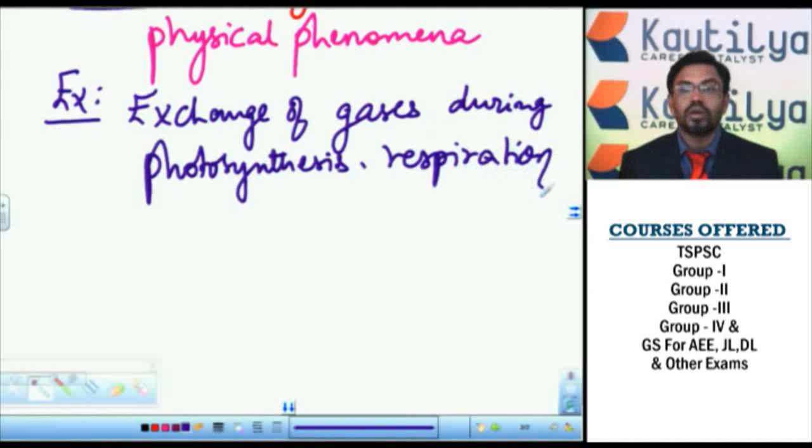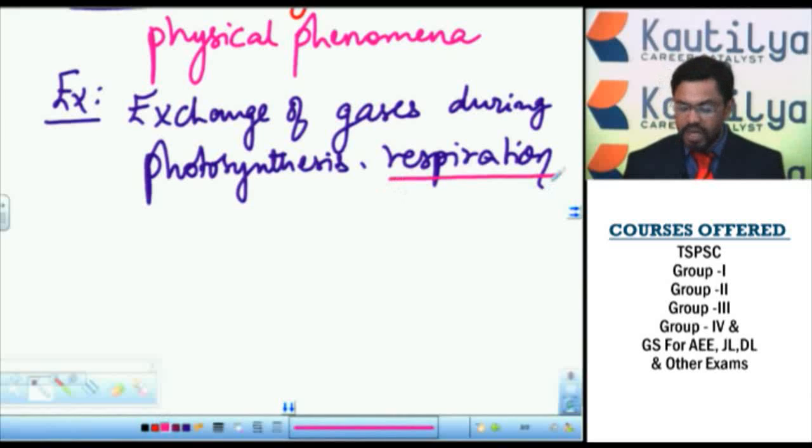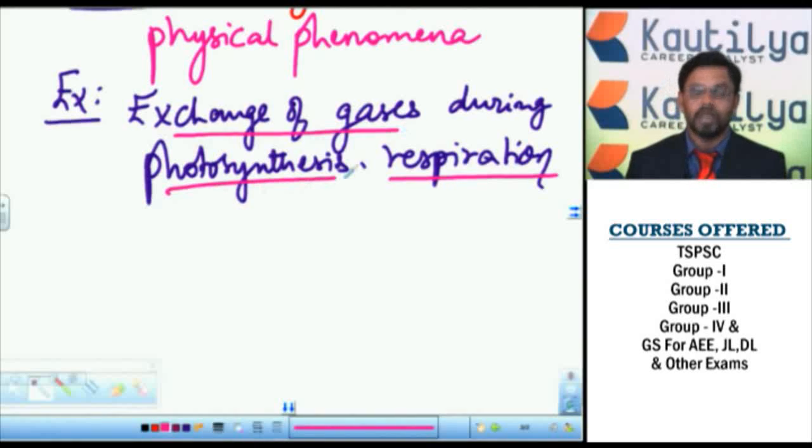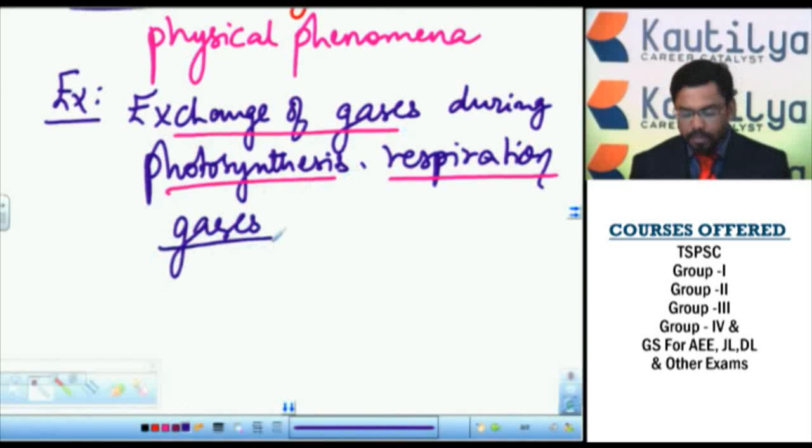During photosynthesis, the carbon dioxide concentration is more in the atmosphere, so the carbon dioxide enters into the leaves through the stomatal opening, whereas during respiration, the carbon dioxide concentration is more inside the cell, so the carbon dioxide exhales out. So the exchange of gases during photosynthesis and respiration in plants is an example of diffusion. The diffusion process is more in gases when compared with liquids and solids.